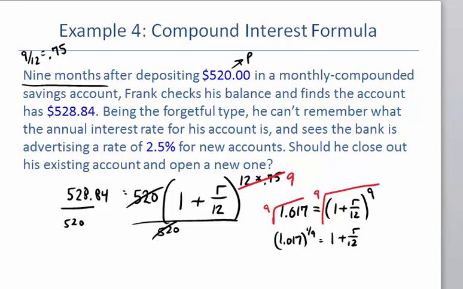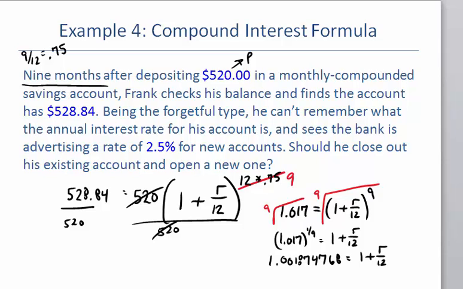So I'm going to take 1.017 and raise it to the 1/9 power, and I'm going to get 1.001874768 is equal to 1 plus r over 12.